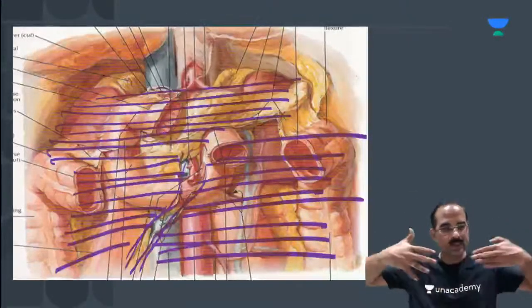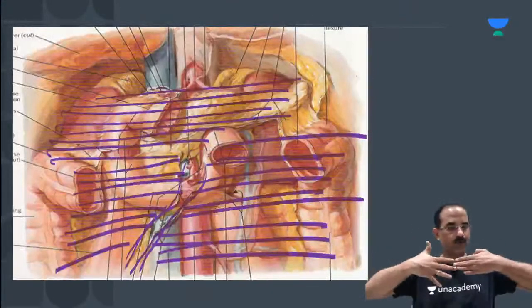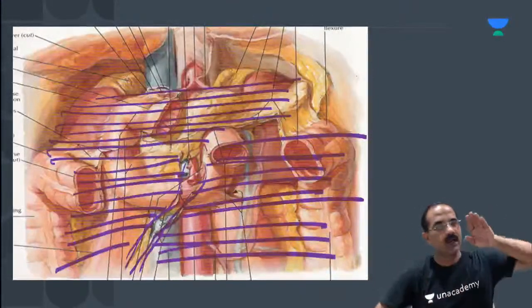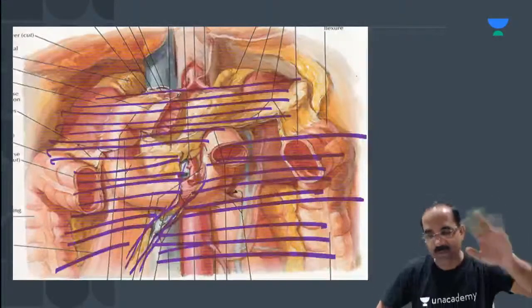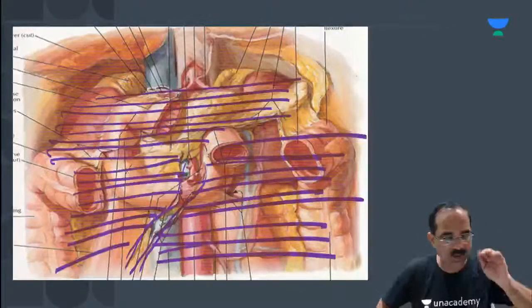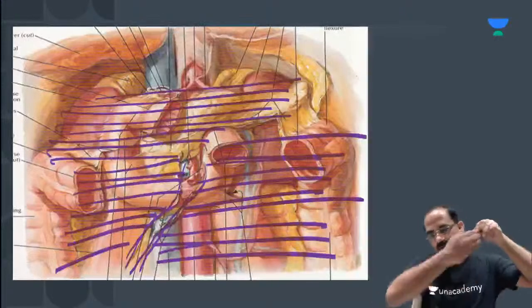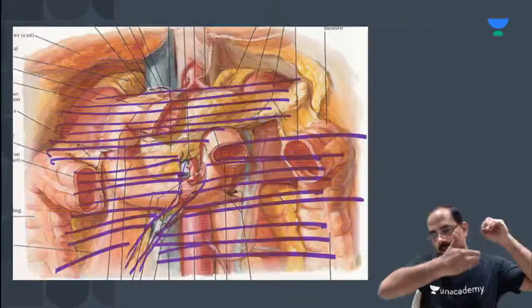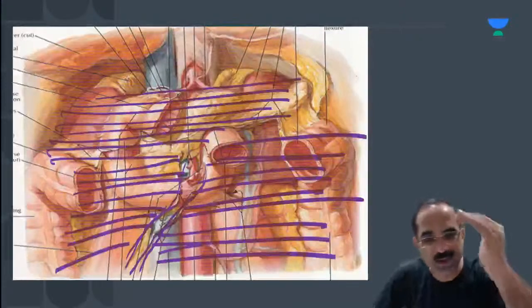Look, the peritoneum is covering the posterior abdominal wall along a line drawn from the DJ flexure. What is DJ flexure? The duodenojejunal flexure. From the duodenojejunal flexure, we draw a straight line. It goes oblique to the right sacroiliac joint.